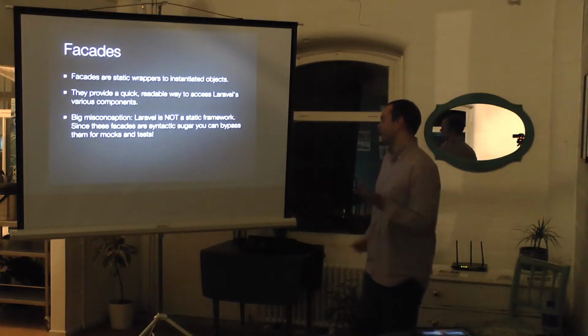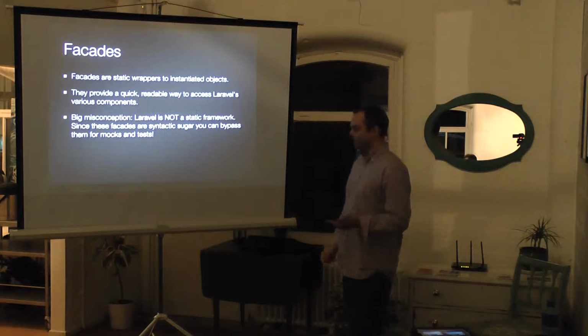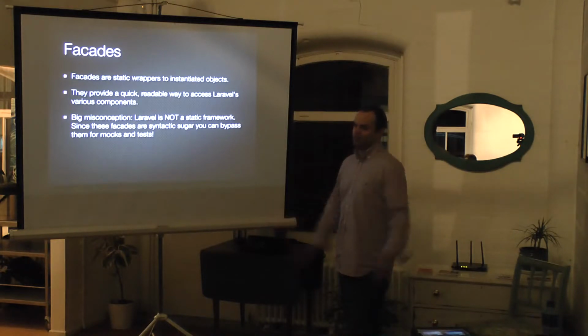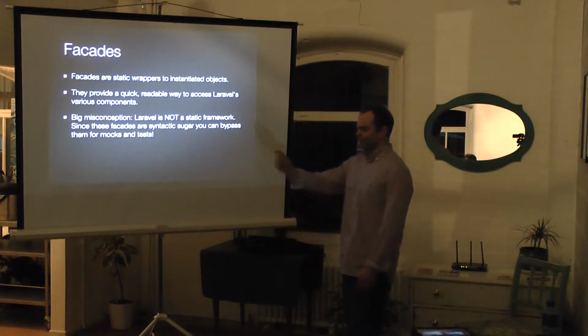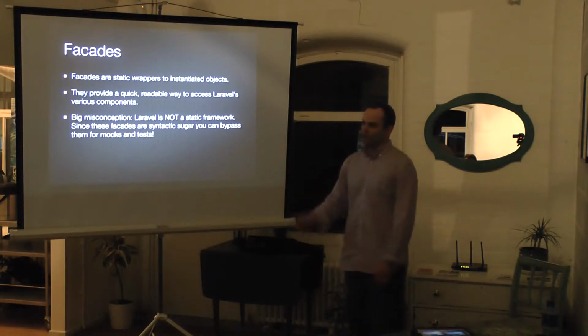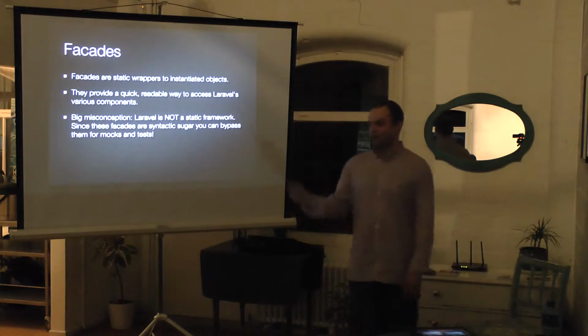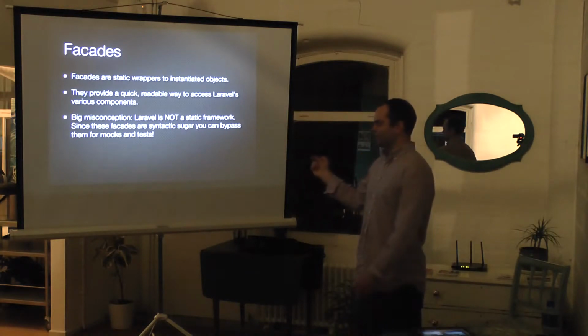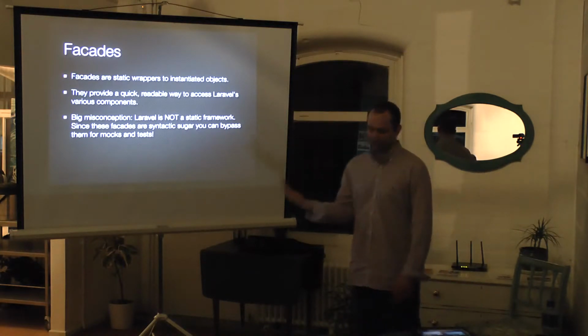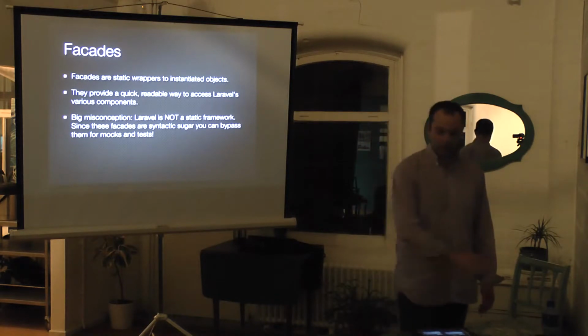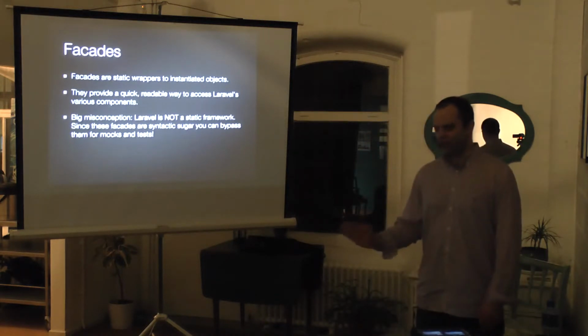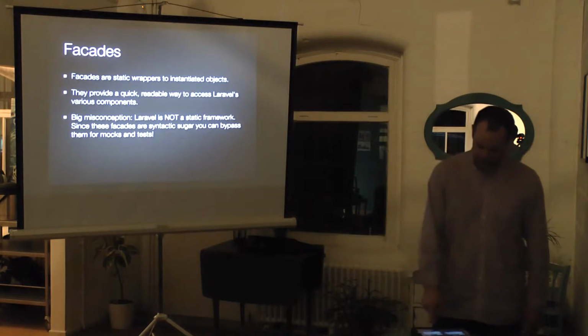The facades are syntactic sugar. They don't have any functionality behind them, and you can bypass them entirely. You don't even have to use them. So instead of doing DB:: blah blah blah, you can create a new database object, pass in whatever dependencies it needs in the constructor, and do exactly the same thing. It's just a way of avoiding all that and making your code really simple, straightforward, easy to read.